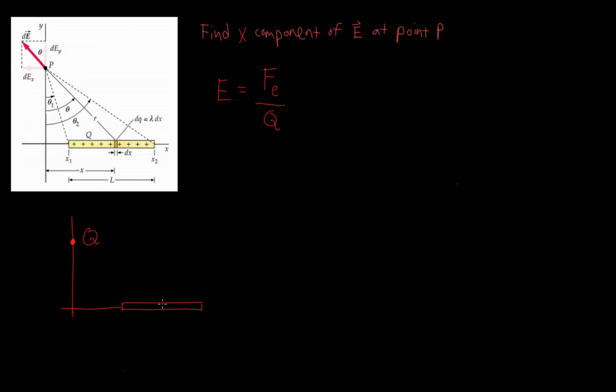And so the electric force occurs when there's two charges involved. One of the charges is Q, but the other charge, let's consider a very small segment of this line segment, and that has a length of dx.